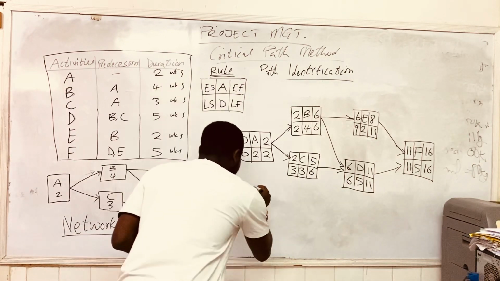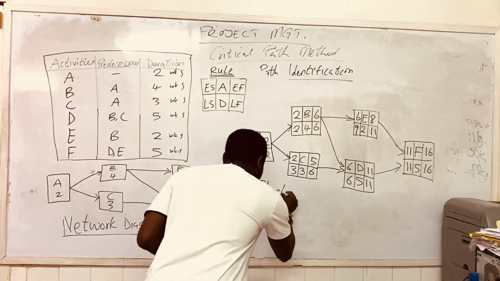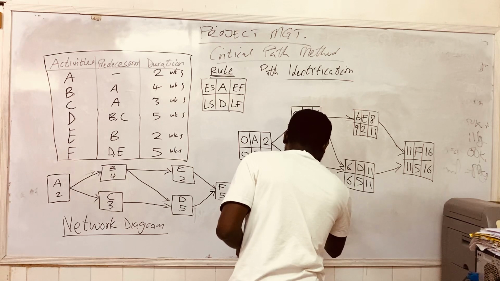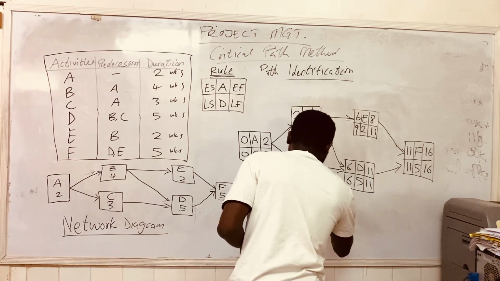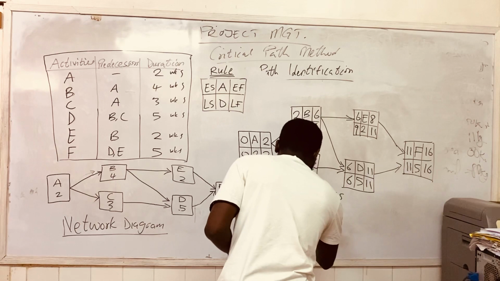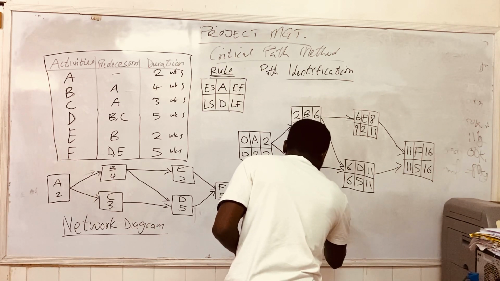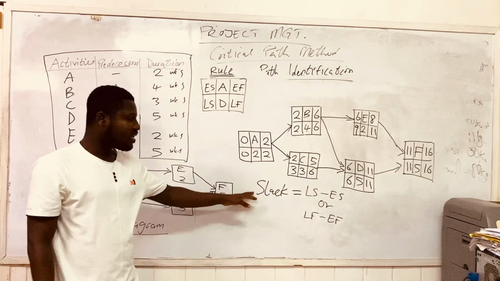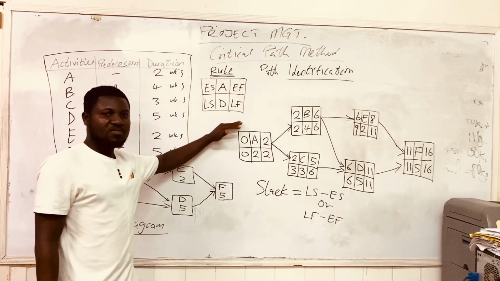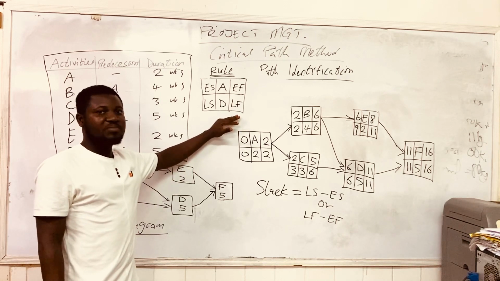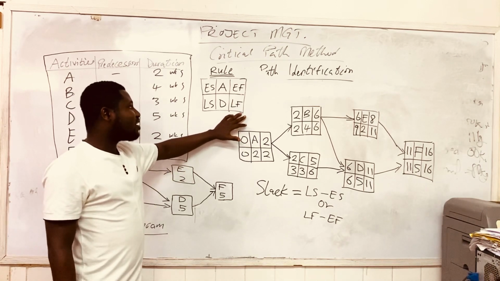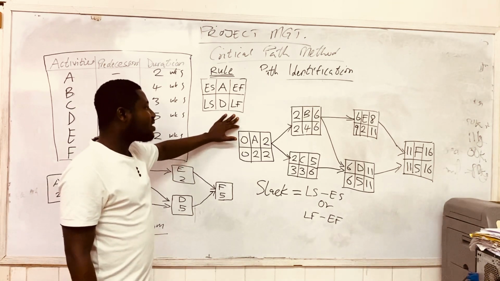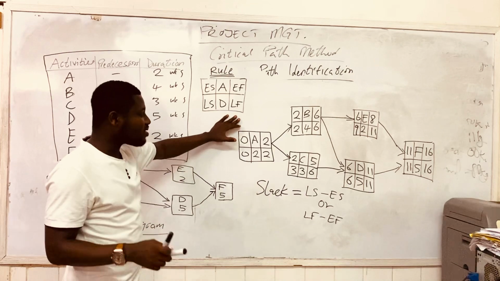And I told you slack is equal to LS minus ES or LF minus EF. And I told you the slack is simply the time an activity of a project can be delayed such that it would not cause harm to the entire project duration.